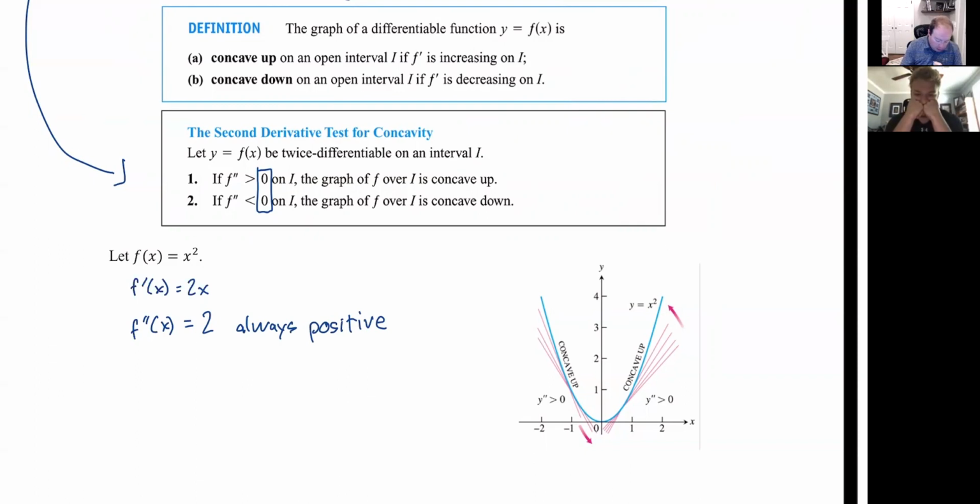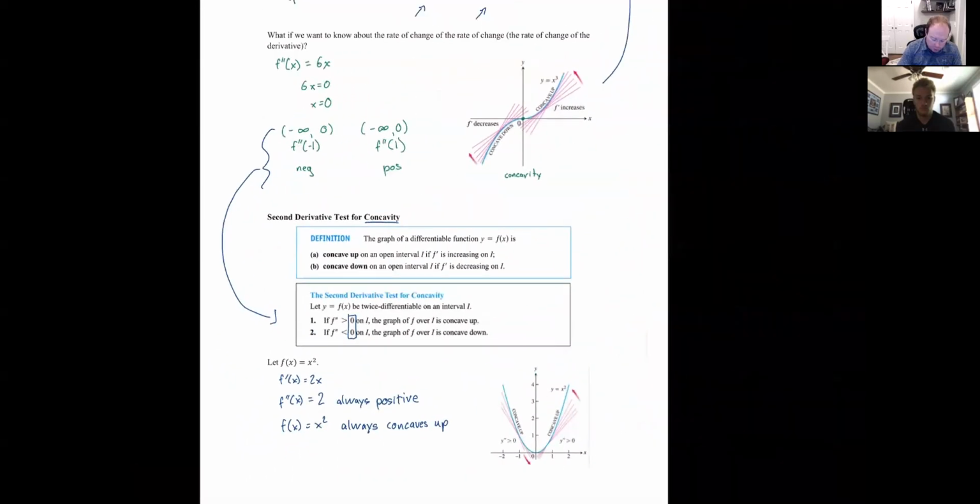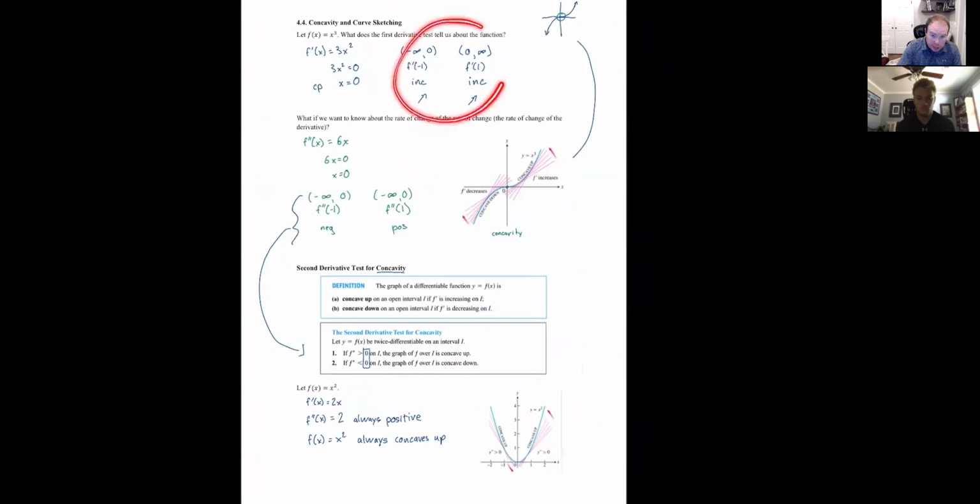So what does that mean? That means our original function, x squared, is always concaving up. So there is a possibility that, just like when we looked at the first derivative test, where there was no change in increasing or decreasing, there may be no change in concavity.